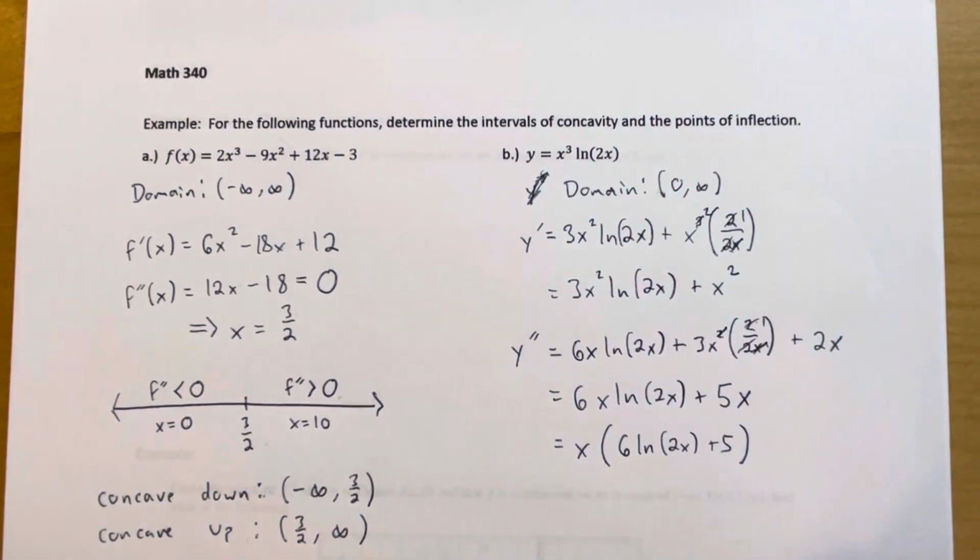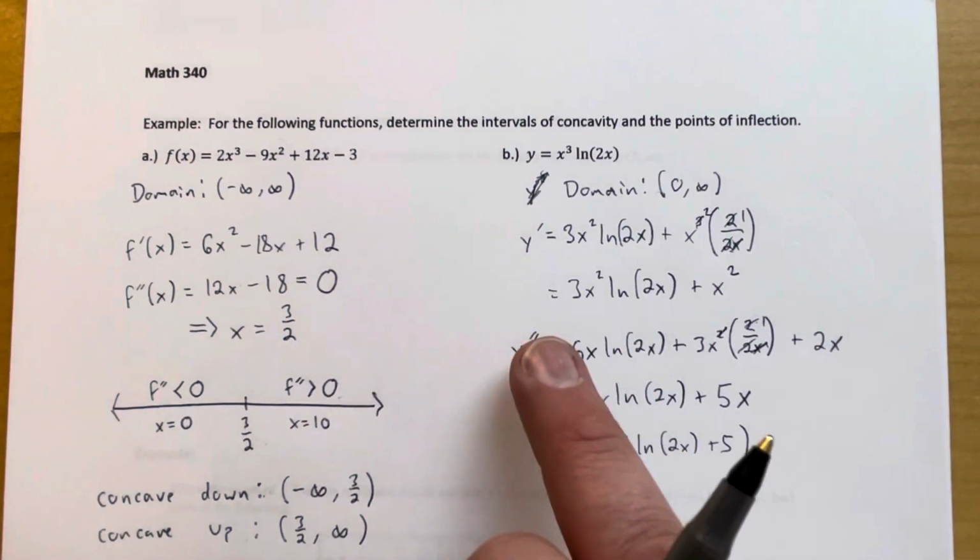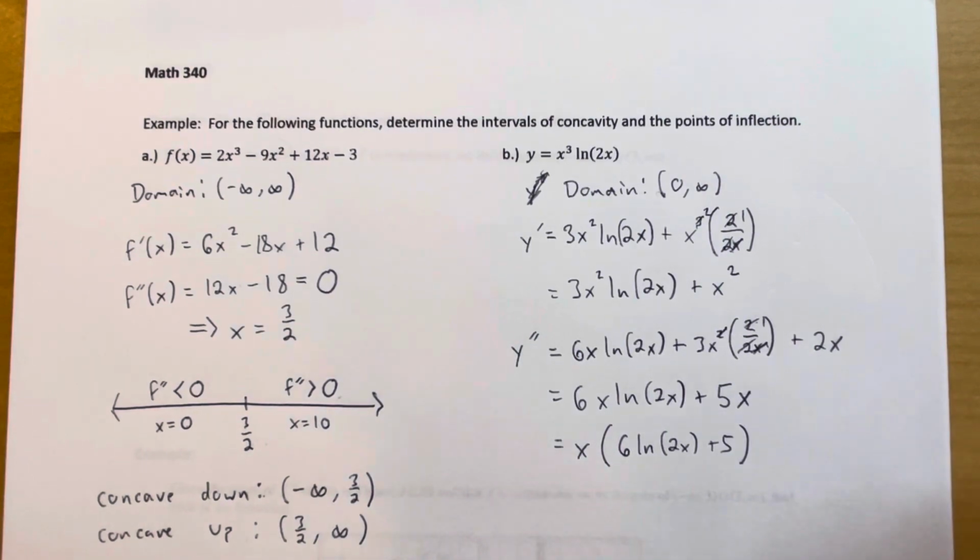Okay, so is this undefined anywhere? Well, yes, it's undefined anywhere except for the positive real numbers, because again, the natural log function has a domain restriction to just the positive real numbers, but we won't find any partition numbers amongst those, because again, we only get partition numbers from where y double prime is not existent if the original function does exist at those values and is continuous there.